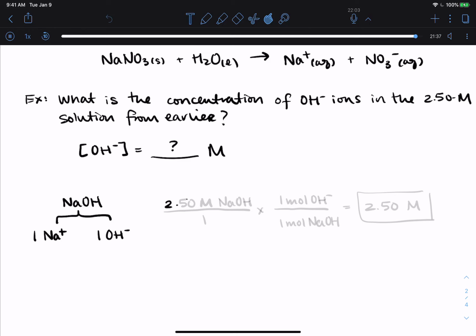So my 2.50 molar sodium hydroxide solution, in this solution, I get 1 mole of OH minus for every 1 mole of sodium hydroxide. So my concentration of OH minus is also 2.50 molar.